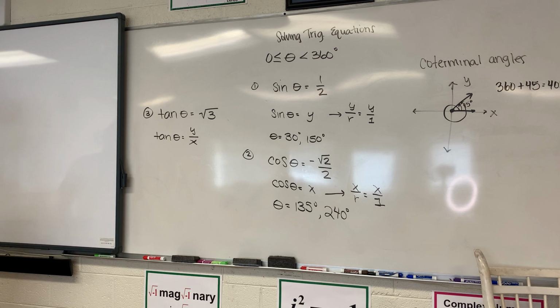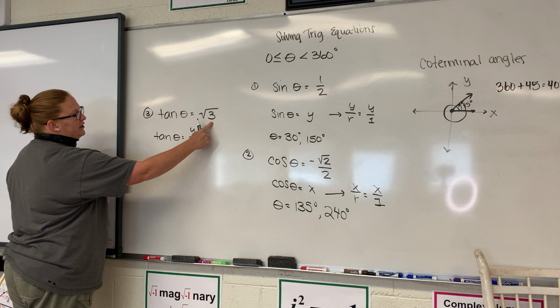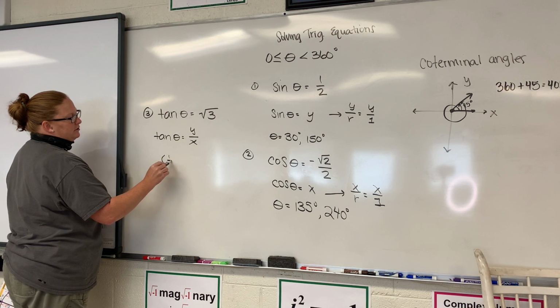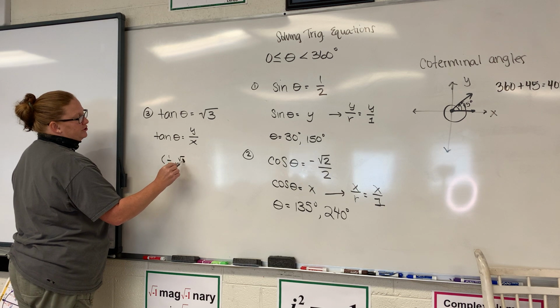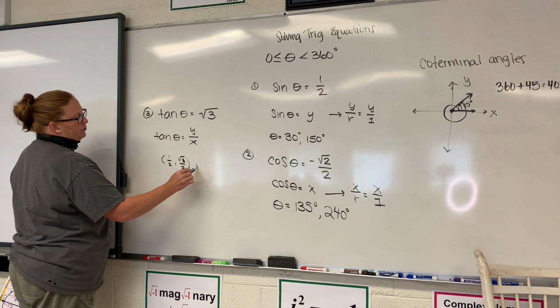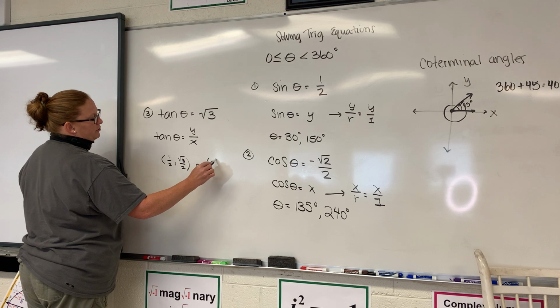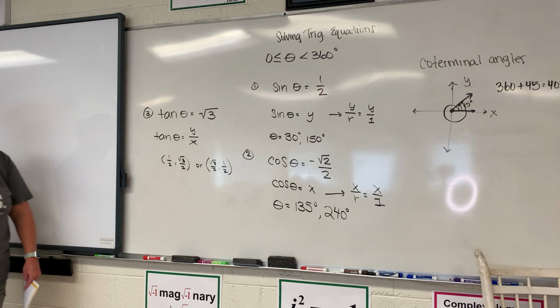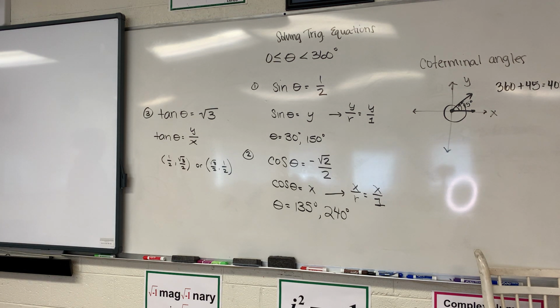What we have to consider is, if I'm looking at square root of 3, I'm probably dealing with which one of the points: 1/2, square root of 3 over 2, or square root of 3 over 2 and 1/2. Of course, those signs change as we go, correct? So in our memory bank, we need to figure out which one is going to give me square root of 3, and which one's going to give me square root of 3 over 3.